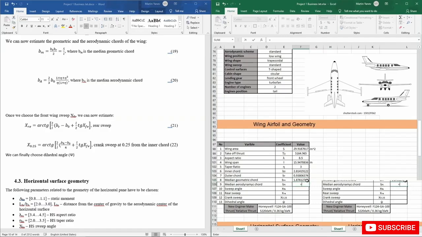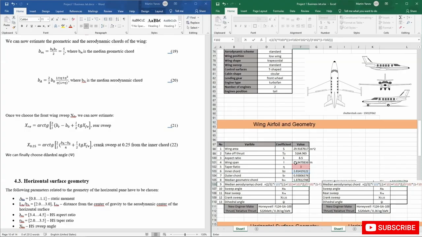So for the median aerodynamic chord, we have 2/3, so bracket 2 divided by 3, and then this will be multiplied by B0, okay, and then we multiply this by a bracket and one more bracket, 1 plus the taper ratio plus the taper ratio squared, and then this will be divided by the taper ratio multiplied by 1 minus the taper ratio.